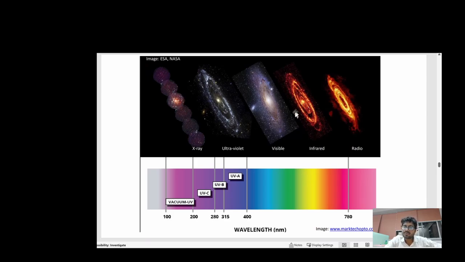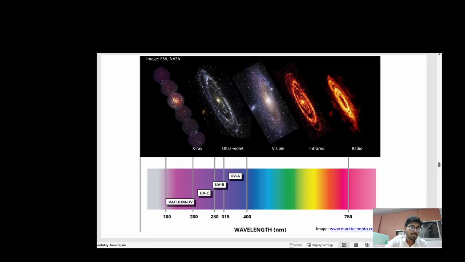An infrared camera can take the image like this. With radio waves, we would see the galaxy like this. In X-rays, the galaxy would look like this.